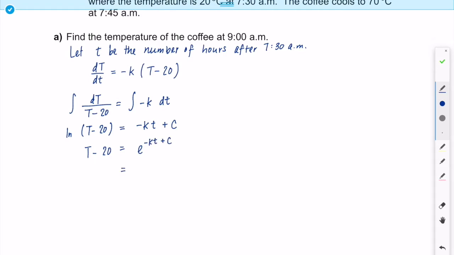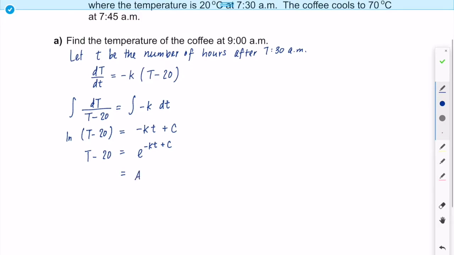And yesterday we said that e to the power of c can be written as A. And I have A e to the power of negative kt plus 20 equals the temperature of the coffee. So here we are working our way towards the function of temperature versus time.